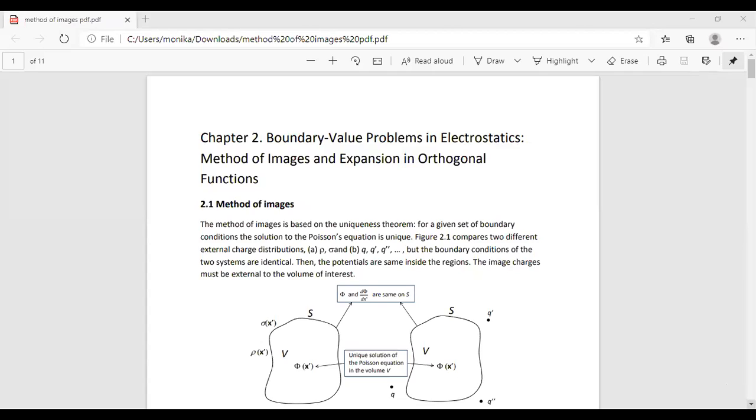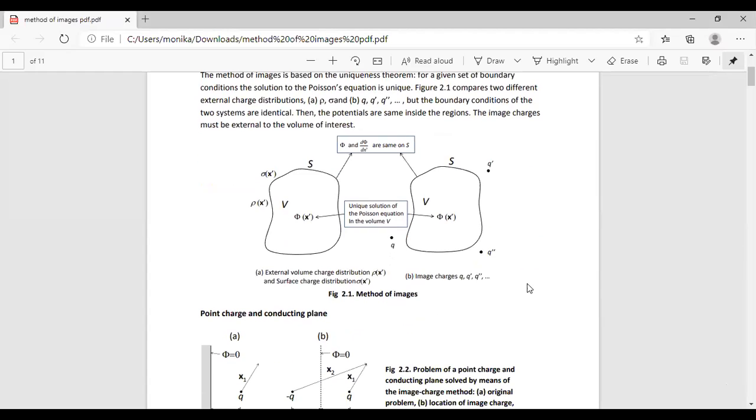Okay. So we were talking about boundary value problems in electrostatics. There are some specific methods of images in which we can use Dirichlet, Neumann and mixed boundary value problems. So what are those symmetries? One symmetry is on your screen.